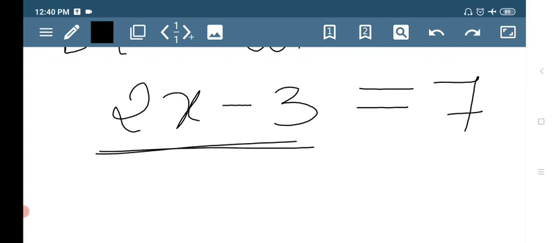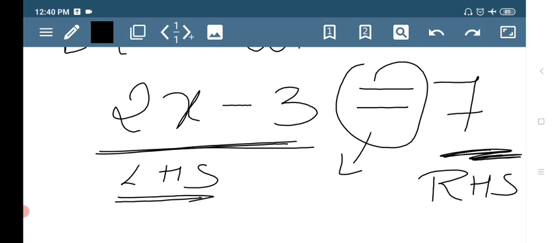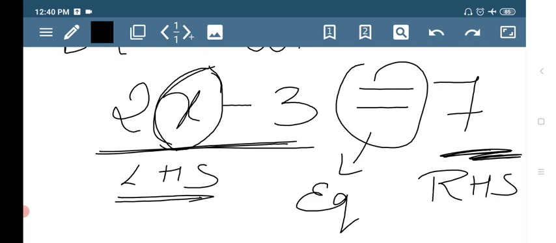This is a linear expression on the one side, means on LHS they have given us a linear expression and a number or a constant on the other side, that is on RHS, with this equal to sign. Solving means we have to find the value of x.